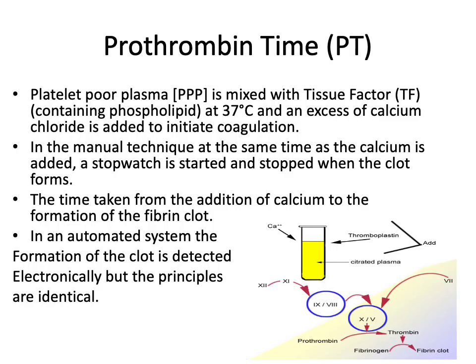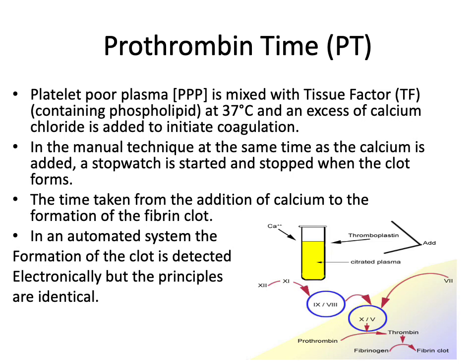Let's look at PT and APTT, the tests that measure the secondary hemostasis. To run a PT test, we require platelet-poor plasma, which is mixed with tissue factor, which contains phospholipid, at room temperature, and then we add excess calcium chloride to initiate coagulation.